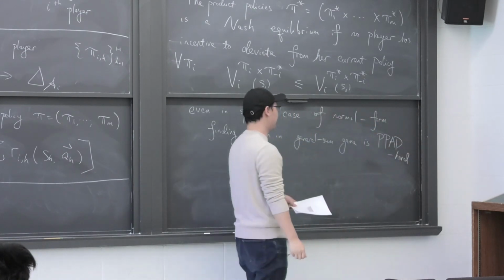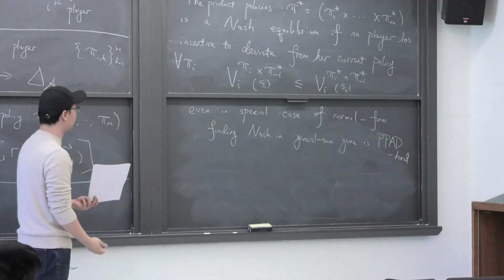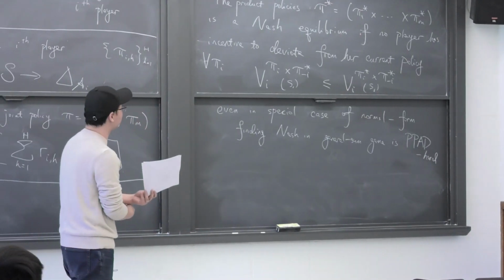As we said in the last lecture, there is no polynomial algorithm that is able to find such a Nash equilibrium for general sum game.